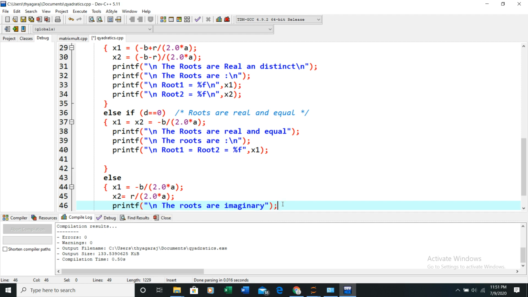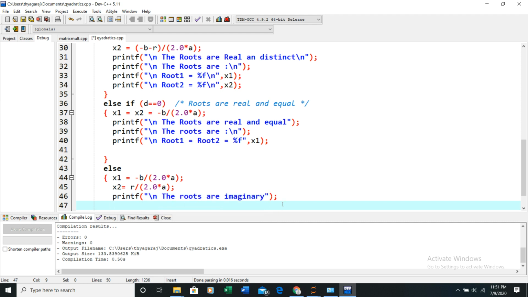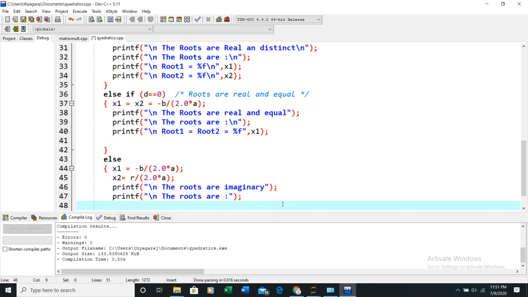Then what are those roots? Okay, roots are imaginary, and these roots are printf slash n, the roots are... Okay, what are those roots? The first root is printf slash n, root 1.